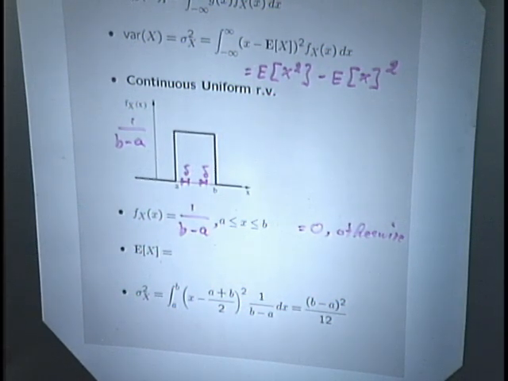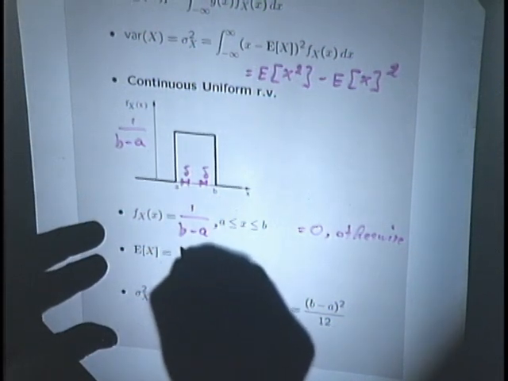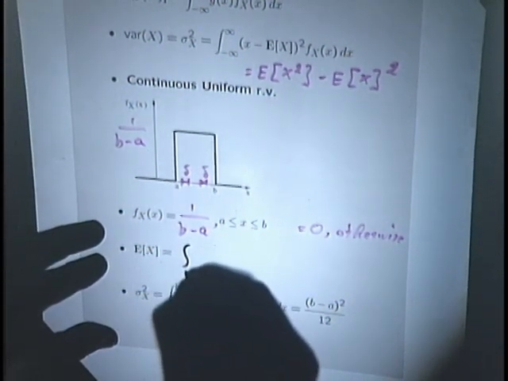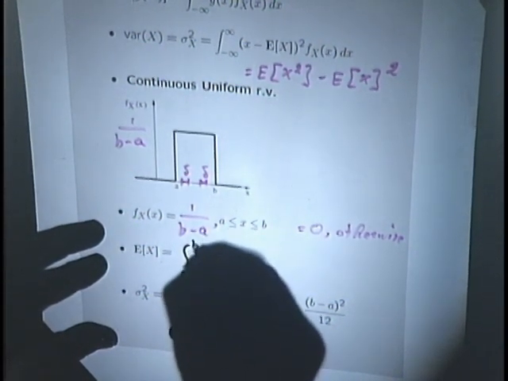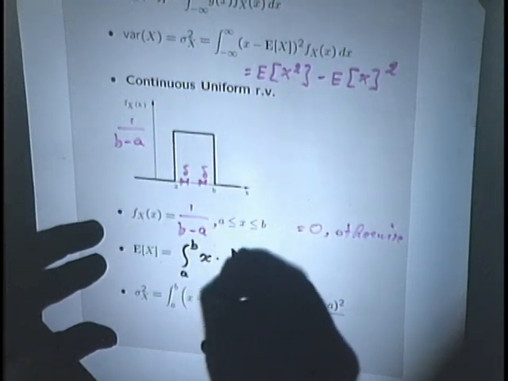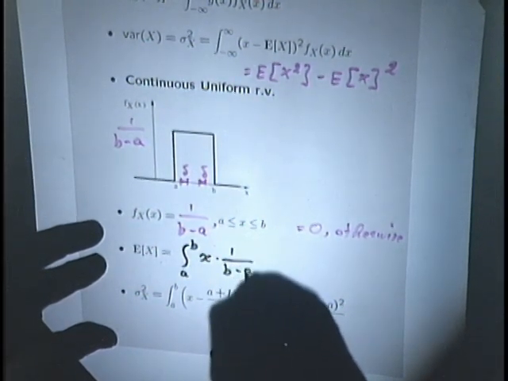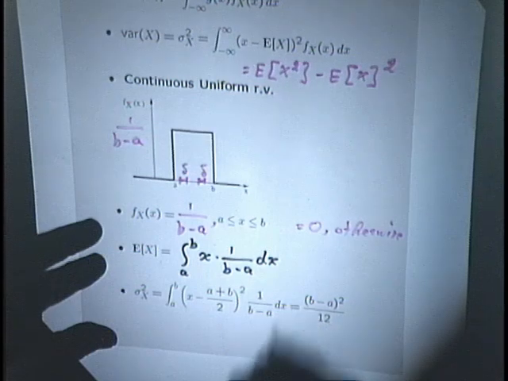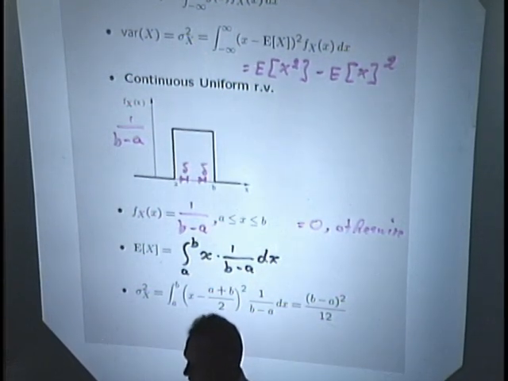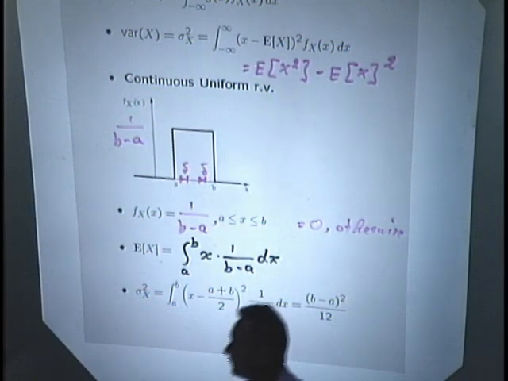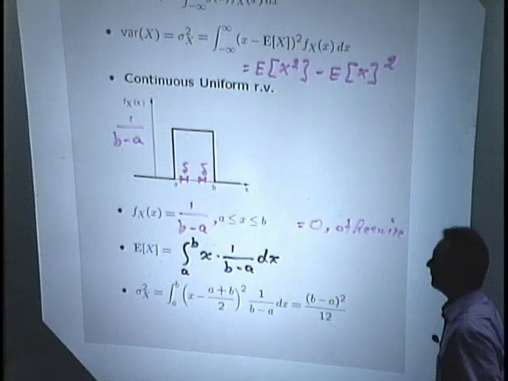How about the expected value of this random variable? You can find the expected value in two different ways. One is to start with the definition, and so you integrate over the range of interest times the density, and you figure out what that integral is going to be. Or you can be a little more clever.